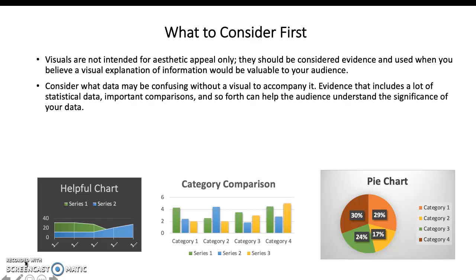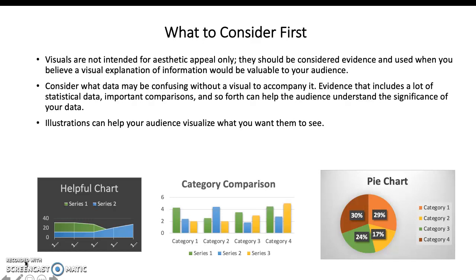So for example, if you want to compare data for nuclear energy versus data for renewable energy, and if some of those numbers are confusing to your audience, a visual might really help you explain some of the evidence that you have there. So the goal is to make the information as easy to understand as possible for your audience.